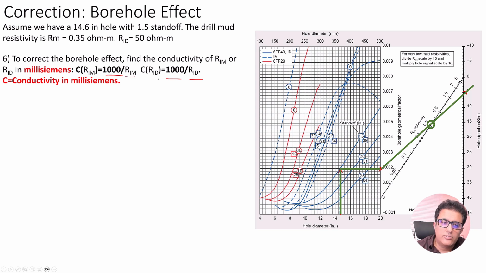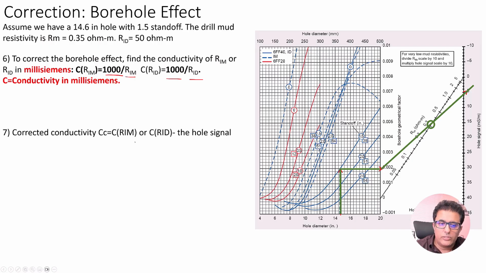So in order to do so, as you see here, we divide 1000 over RIM to convert the medium resistivity to medium conductivity. The unit here is millisiemens per meter, and that's the reason why we use 1000 here. For deep reading, we do the same thing, 1000 over deep reading.